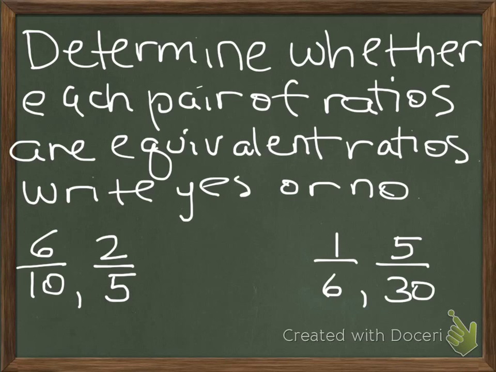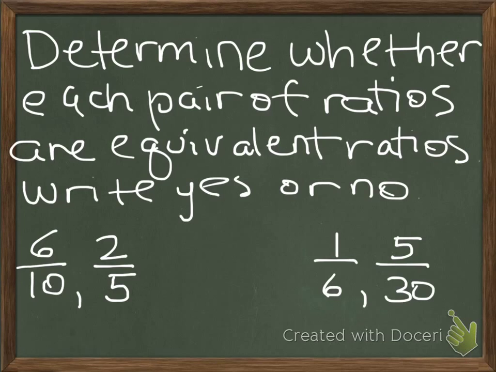So we're first going to look at whether these two ratios are equal to each other, and then that will help us determine whether it's a proportion or not. So to determine whether each pair of ratios are equivalent ratios, we would need to cross multiply, okay, which basically means to diagonally multiply.